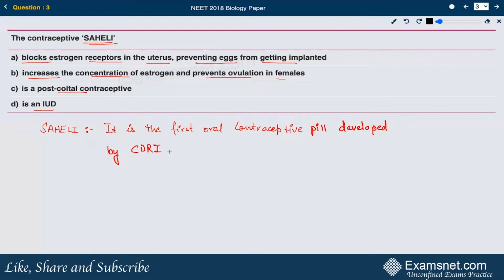CDRI is basically an institute located in Lucknow, and it stands for Central Drug Research Institute. So it was actually developed by the scientists of CDRI, Central Drug Research Institute, Lucknow.